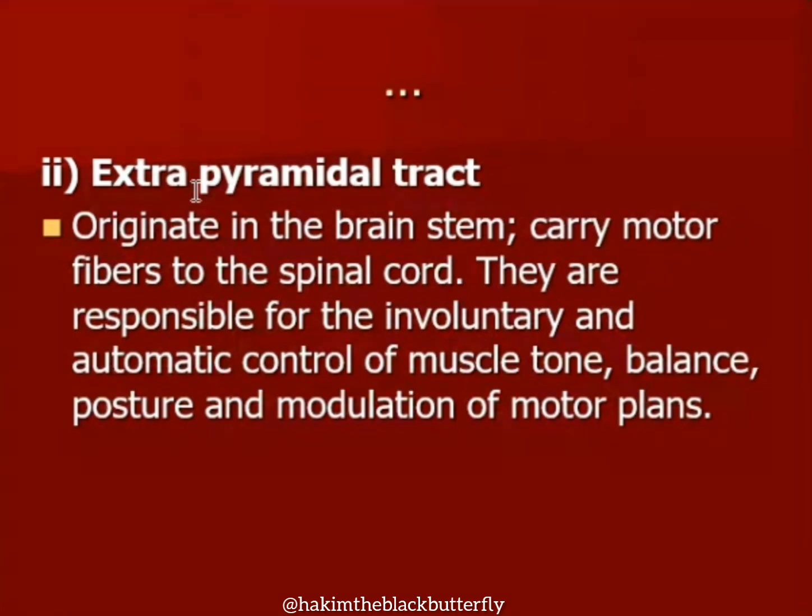So when they ask you what are the two divisions of the descending tract, we talked about the pyramidal tract, which is made up of the corticospinal and the corticobulbar, which control voluntary movements. The movements you perform under your voluntary control. The corticospinal, the rest of the muscles below the neck, and the corticobulbar, the muscles of the head and the neck, but voluntary.